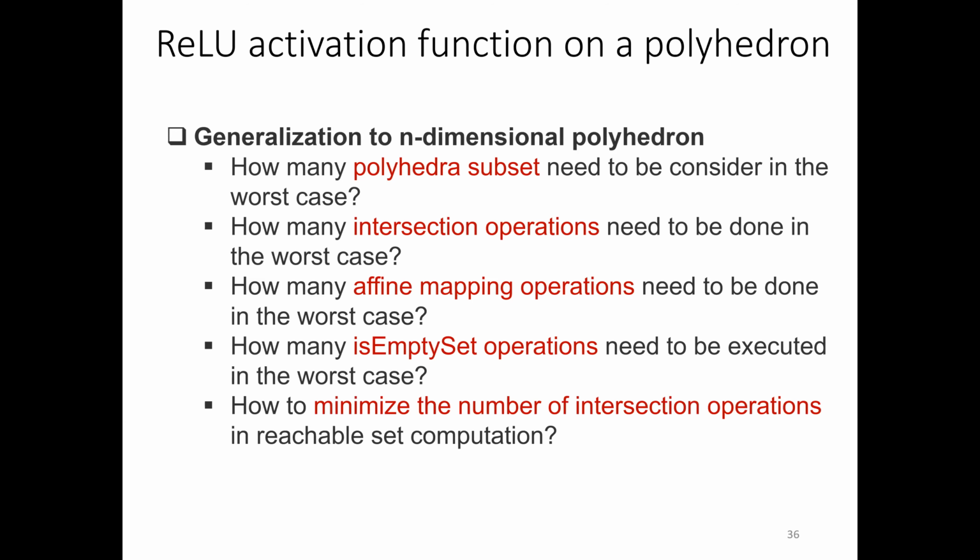And the last question is how you minimize the number of intersection operations in reachable set computation. Do you have any idea? Basically, the intersection operation is expensive, so it would be more efficient if we can minimize the number of intersection operations when computing the reachable set. Is there any way to do that?